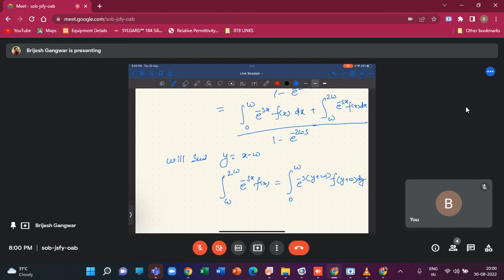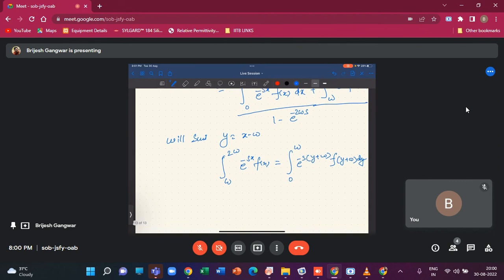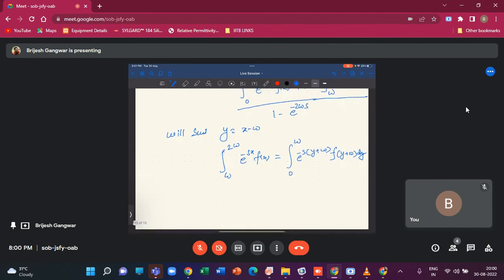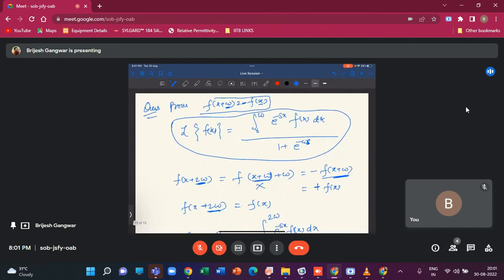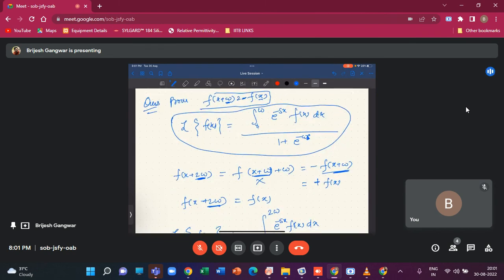Is it okay? If you change the limit, we want to make this limit from 0 to omega because in the proof there is only limit 0 to omega.